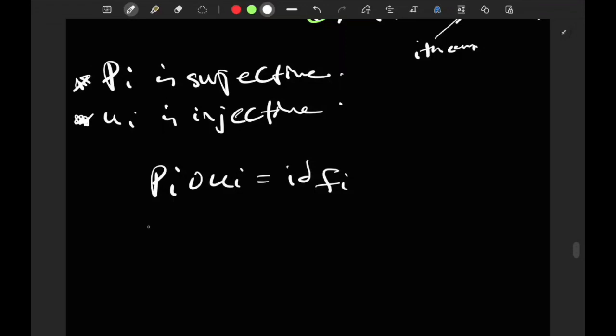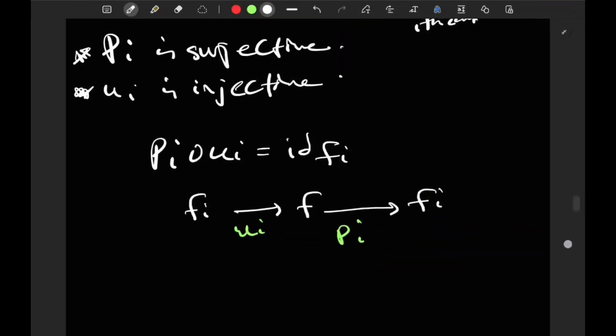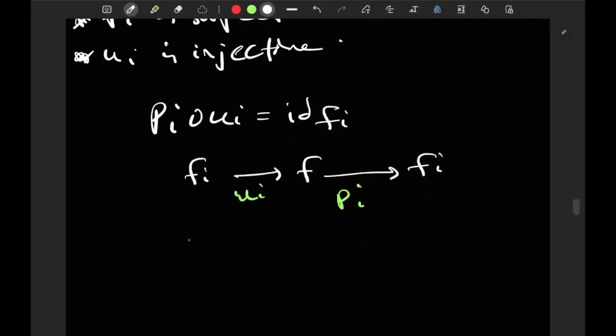Because, well, if you're taking the UI, which is going from Fi into F, and then you are going, so let me put the UI under the arrow. So this is the UI here. It's taking you from Fi to F, and then the projection is taking you from F to Fi again. What's happening? So you're taking some xi, and you are mapping it into the vector which has zeros everywhere except at the ith position where it has an xi.